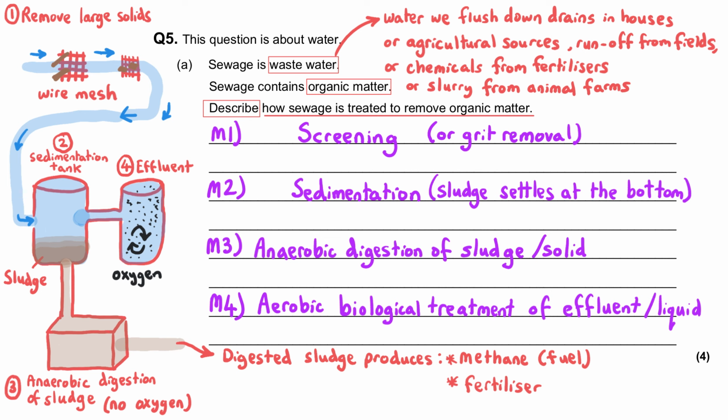So we're taking something that is very literally waste, and we're making it into 2 useful products, one that's a fuel and another that helps our plants to grow. And then the liquid effluent is released into the rivers, where it will enter the river system, and ultimately, if it's going to be entering our homes, it will go through the stages that all water goes through of purification by filtration and sterilization.